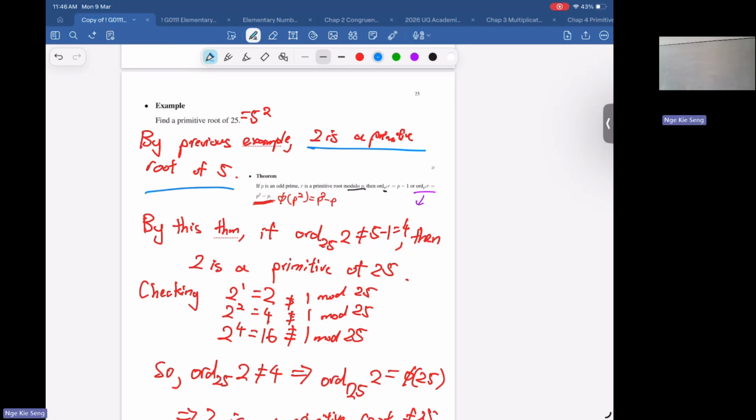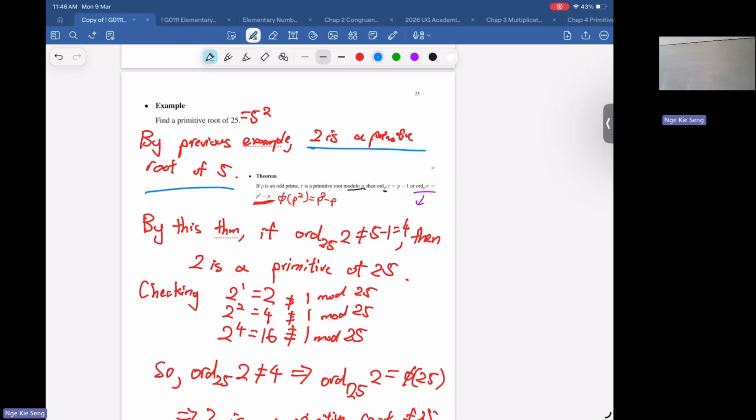The GCD of the power with 5n should be 1. So how many powers are relatively prime to 5n? So 5n here is 4, right? So how many numbers are relatively prime to 4? 1 and 3. So 2 to the 3 is a primitive root.